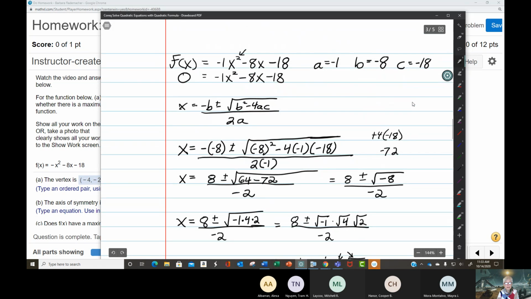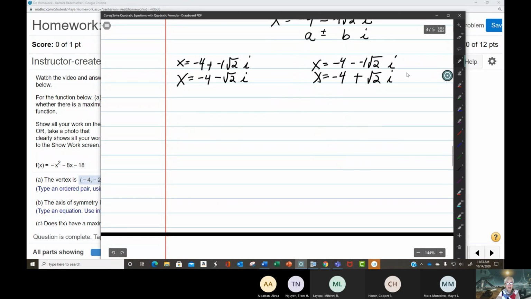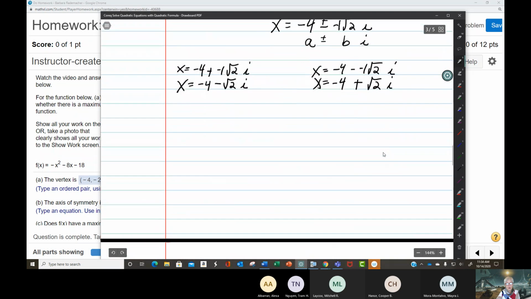And look up here. a is negative 1. So I can write the original f of x in factored form.